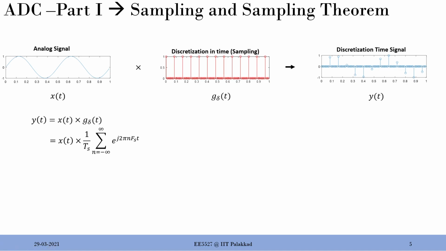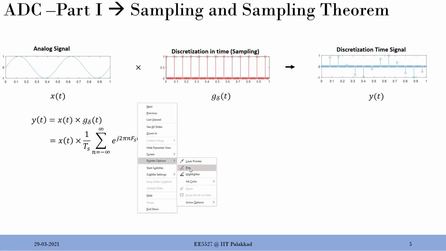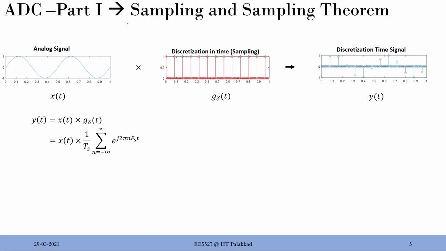Now this is interesting. Let me actually derive it so that it's easier for you. I can express this as the sum over n equal to minus infinity to plus infinity of delta of t minus n Ts. I hope there is no confusion here, because delta of t exists only at t equal to 0, and I'm going to shift it in integer multiples of Ts, where n goes from minus infinity to plus infinity.